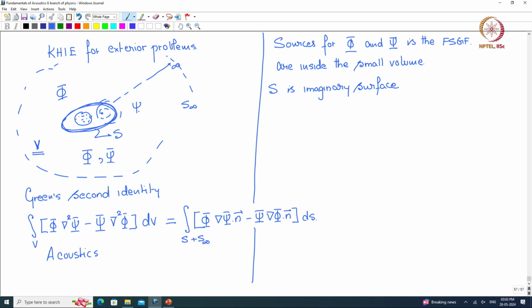Okay. So now if that is the situation, then phi and psi are indeed well behaved in this volume over here. This is the volume.